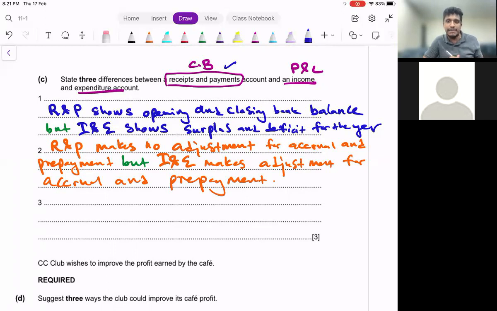Third one, in a receipt and payment, we don't include the non-cash item. What is a non-cash item? For example, depreciation. The thing that we don't receive money for or pay money for, we don't record in a cash book.